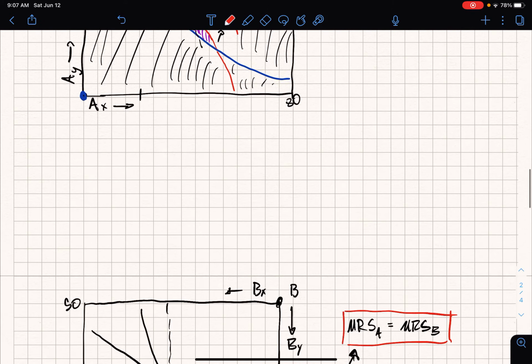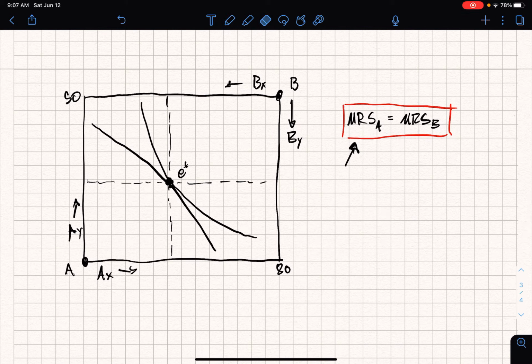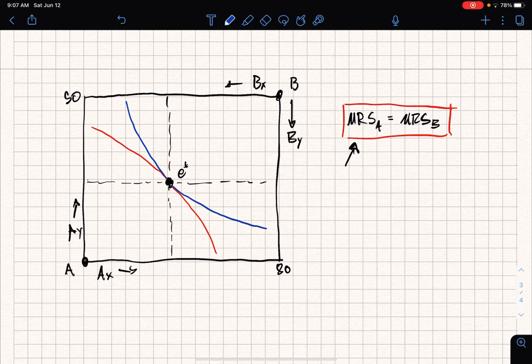So what this means, we're going to do this more cleanly on the graph down here, is that if we had shifted to a different initial endowment and walked through finding the allocations in the points of tangency, we could find the whole set of Pareto efficient allocations.